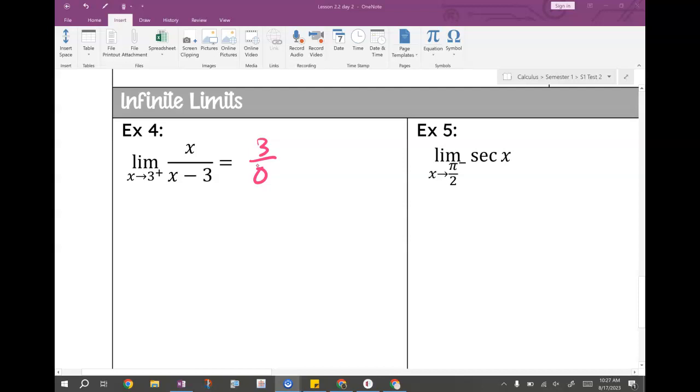Okay. Let's try 3.001. If I put 3.001 into there, we'll just do 3 zeros to start, and I subtract out 3, what do I have left over?